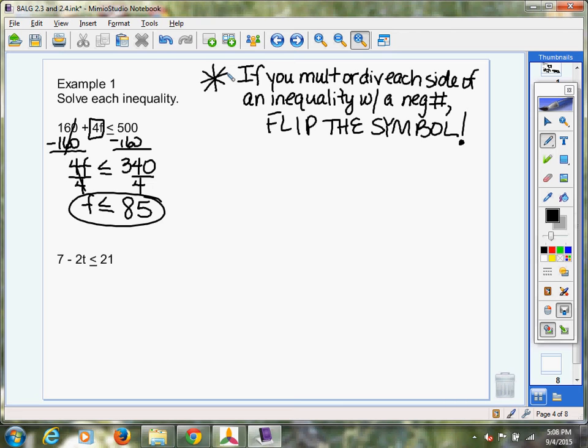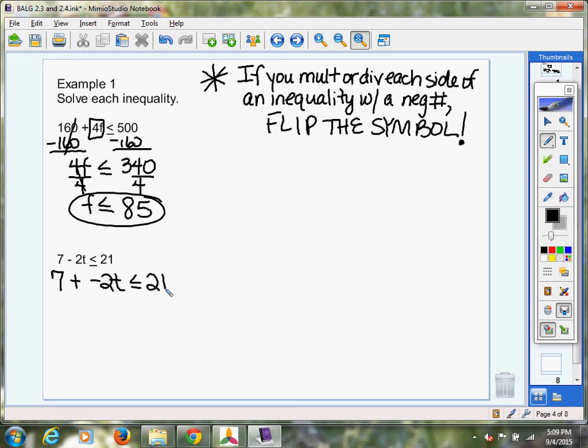Now, if you're not seeing it, let's rewrite subtraction as addition. So instead of 7 minus 2t, let's do 7 plus a negative 2t. Now do you see that 7 is positive, 2t is actually negative, and 21 is positive? Something real simple like changing subtraction to addition makes all the difference in the world.